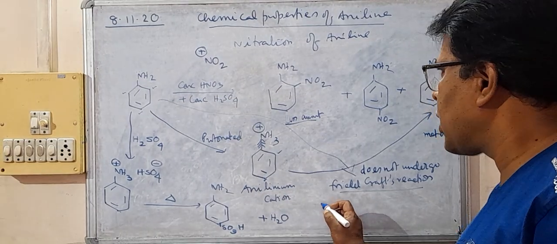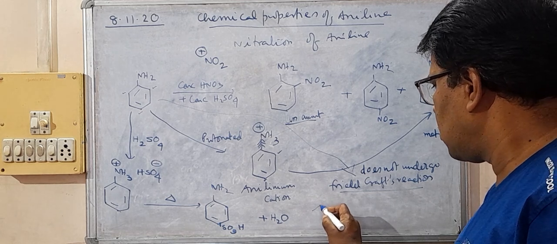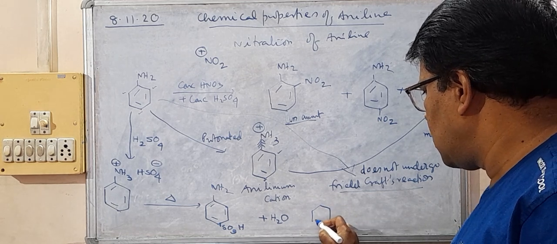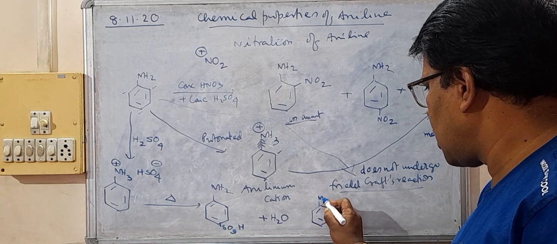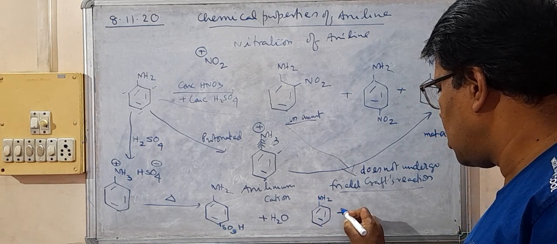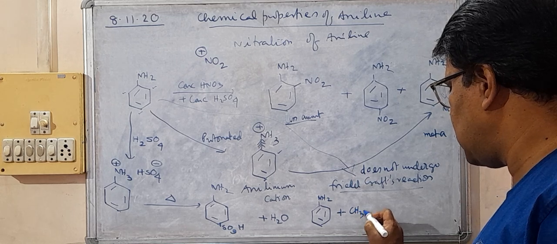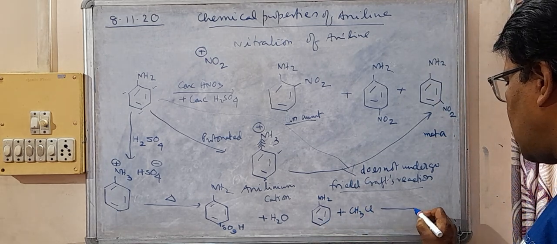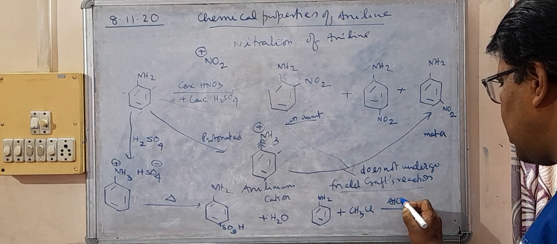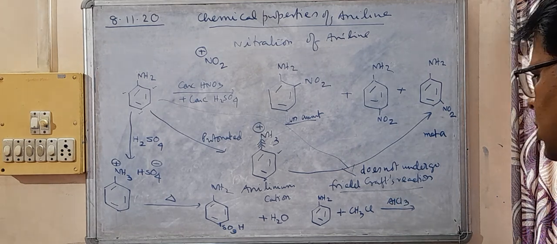I'm just writing the reaction for Friedel-Crafts alkylation. So this is your aniline. Suppose with CH3Cl we want to carry out the alkylation. Here AlCl3 is used as catalyst.